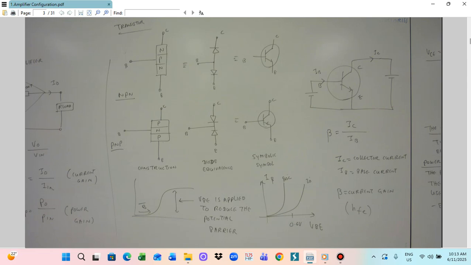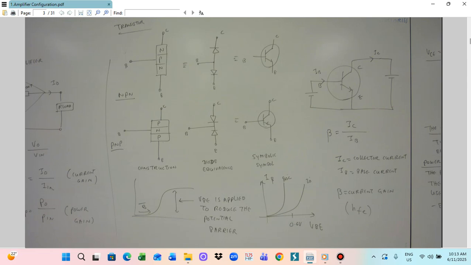For the transistor, the voltage across the base-emitter is usually given as 0.6. When VBE increases, depending on the temperature, the current flowing to the base follows the gradient. This is called the transistor equivalence diagram.